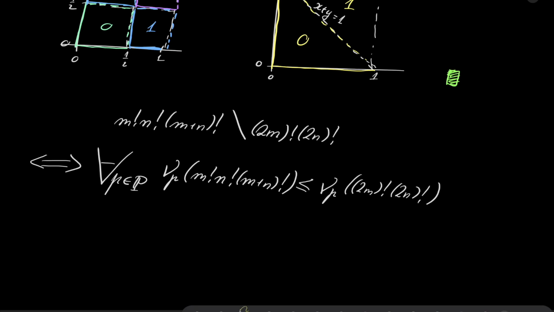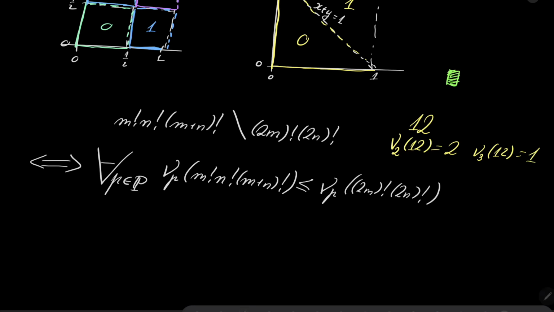So for example, let me give you an example. Number 12. What is the 2-adic valuation of 12? Well, it is 2, because 2 squared divides 12, but 2 cubed does not. And likewise, the valuation with p equals 3 of 12 is 1, because 3 divides 12, but 3 squared does not.